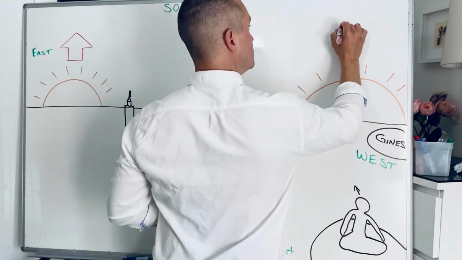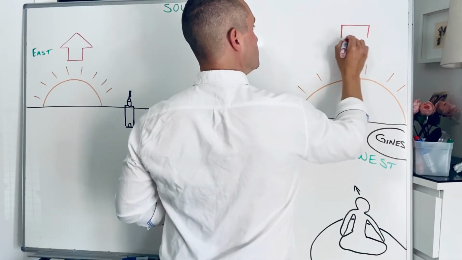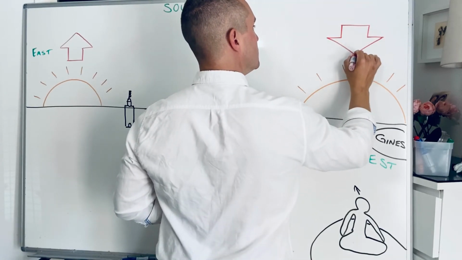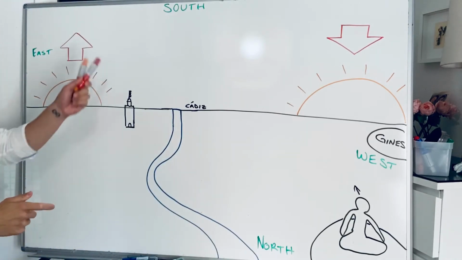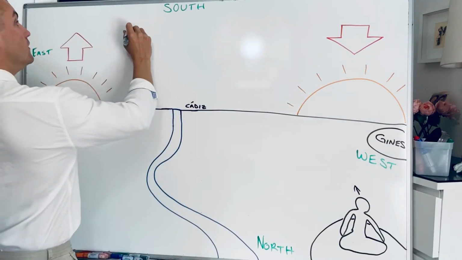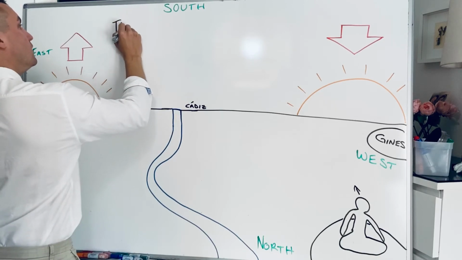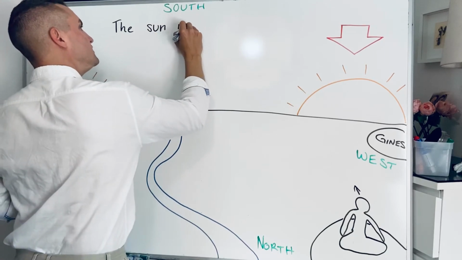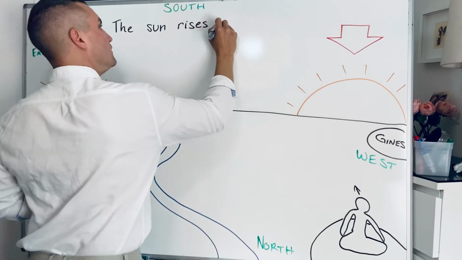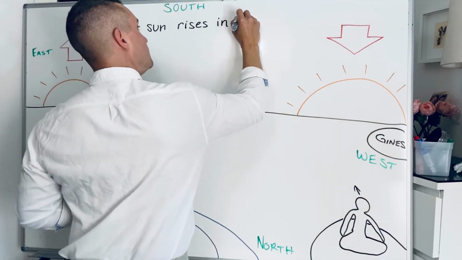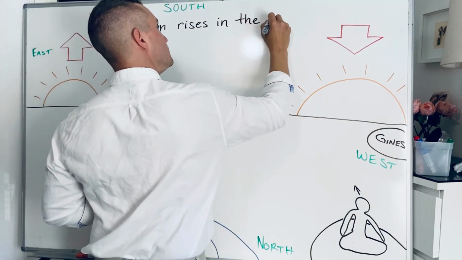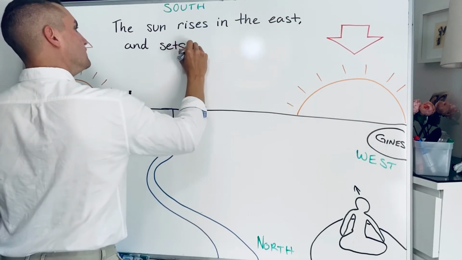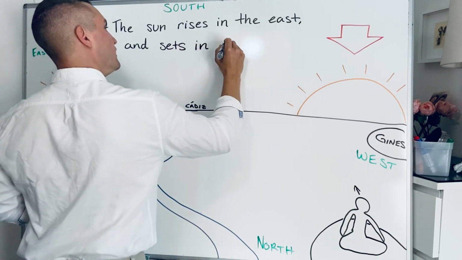We're going to draw an arrow, like so. And in the center, we're going to write our message: the sun rises in the east and sets in the west.